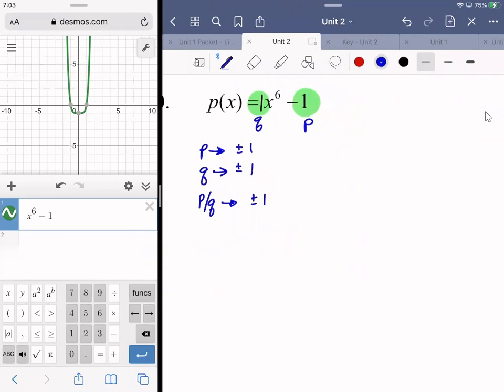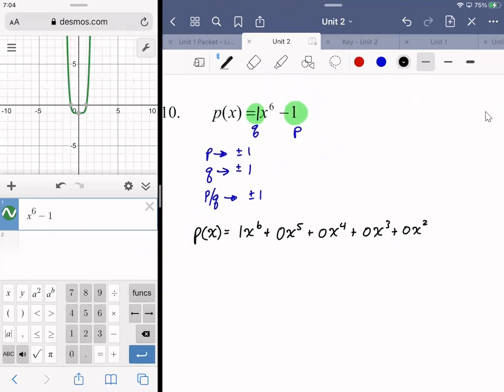So I'm going to rewrite this polynomial as 1x to the 6th plus 0x to the 5th plus 0x to the 4th plus 0x to the 3rd plus 0x to the 2nd plus 0x to the 1st minus 1x to the 0.